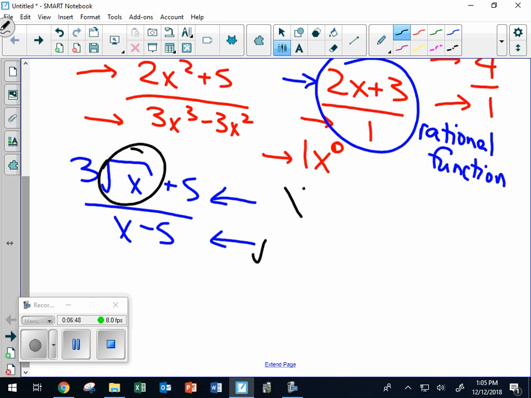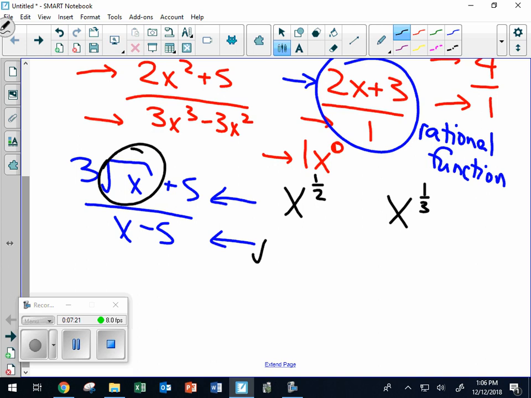If you have the square root of x, how can you write the square root of x to some power? A fraction power is the same thing as a root. So since we have 1 over 2 here, that means it's a square root. If we had x to the 1/3, what kind of root would that be?